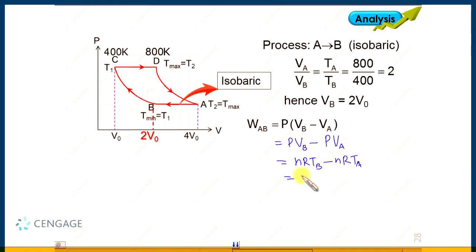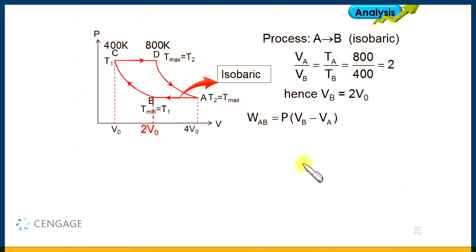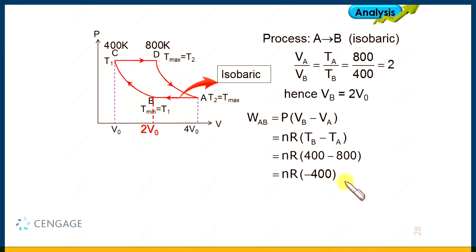If we take nR common, this value is equal to TB minus TA. So, we calculated the work done in the AB process. We know the value of TB and TA, that is 400 minus 800, and this is equal to nR multiplied by minus 400, that is minus 400 nR. So, work done here is negative.